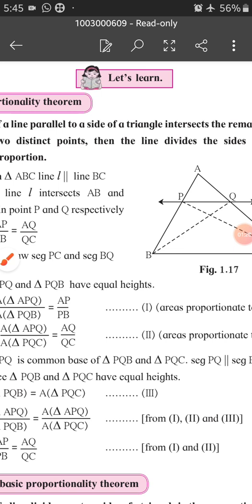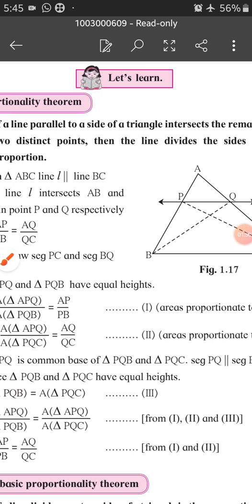So we'll give the description of the figure in the given statement. So here it is written that in triangle ABC, line L is parallel to line BC and line L intersects AB and AC at points P and Q respectively.